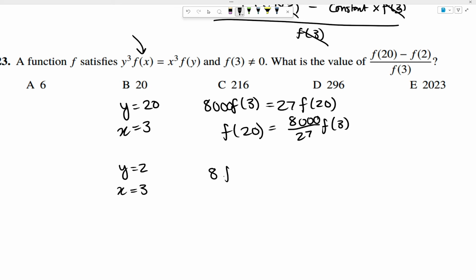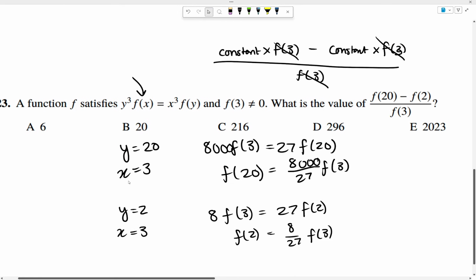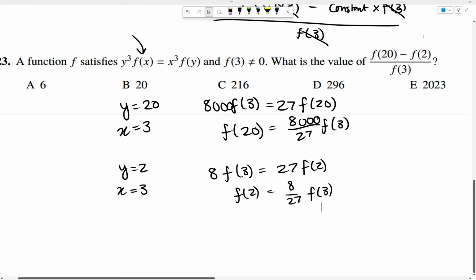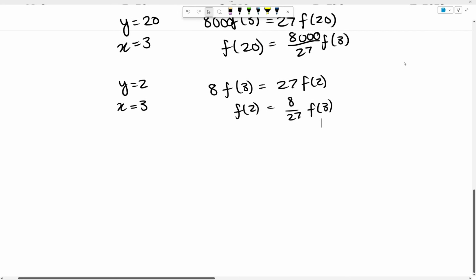But f of 3 is equal to 27 lots of f of 2. And then rearranging that to make f of 2 the subject is 8 over 27 times f of 3. So now I'm going to just substitute in all of these values into the equation because I've got it in the form that I've wanted.